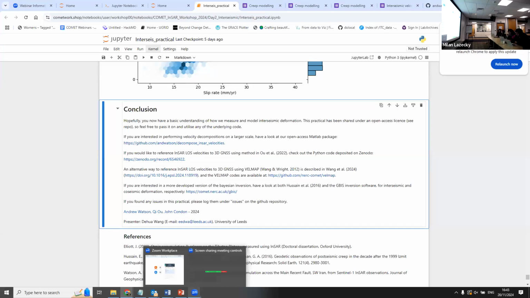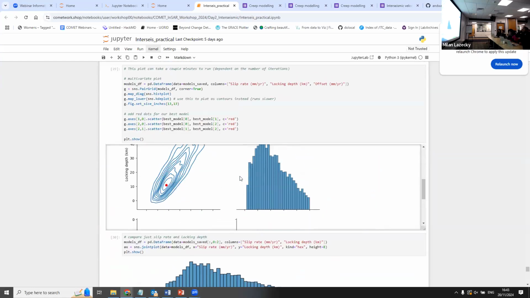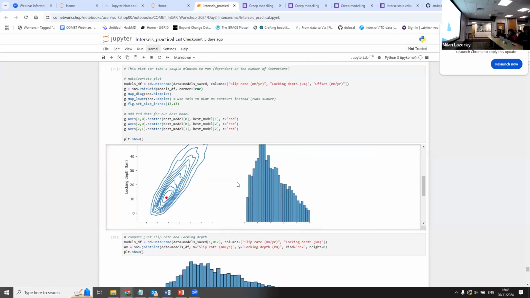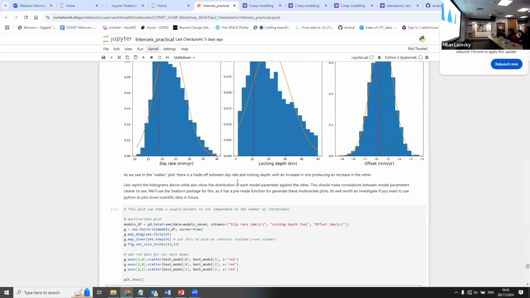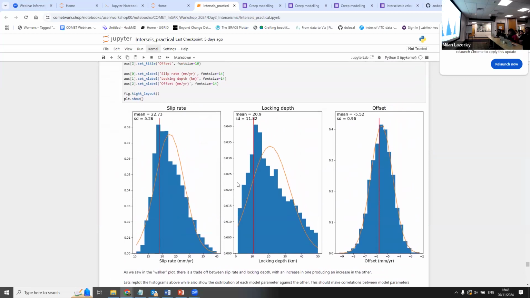When you drew the histograms with the distributions over the top, the fact that the slip rate and locking depth don't follow the Gaussian that well, does that tell you anything about them? Is that related to the fact that they've got high correlation below?